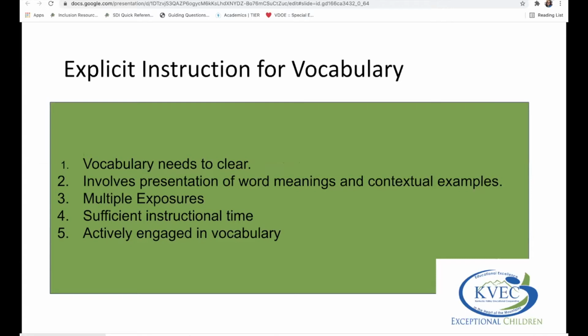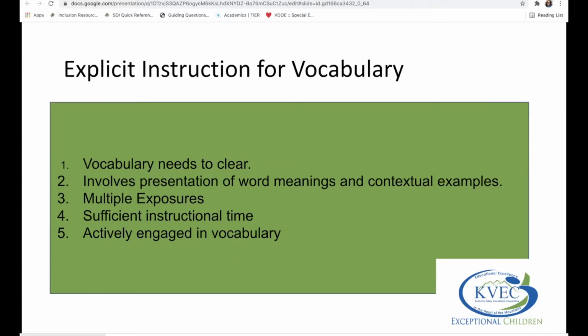Explicit instruction for vocabulary. Vocabulary needs to be clear. Okay? You're going to say, we're going to talk about the vocabulary of this lesson. And we're going to make sure that vocabulary is very clear for the students. They're going to have the ability to present the word meaning and examples and non-examples, and they're going to have multiple exposures to the word.